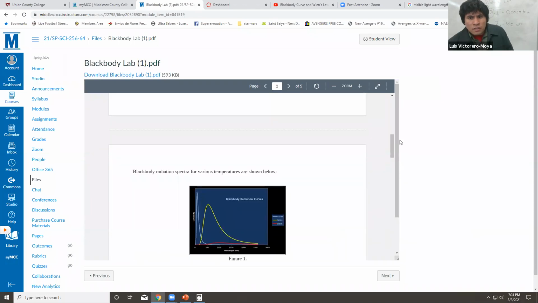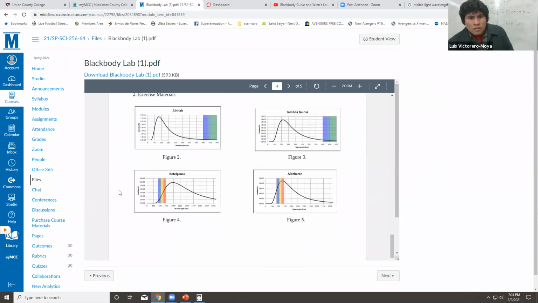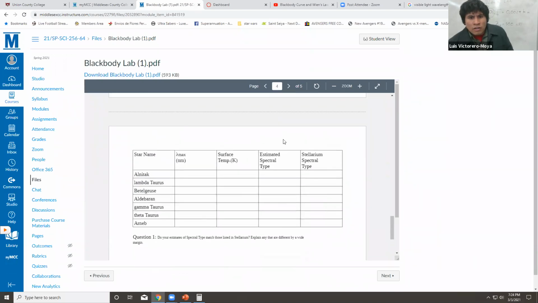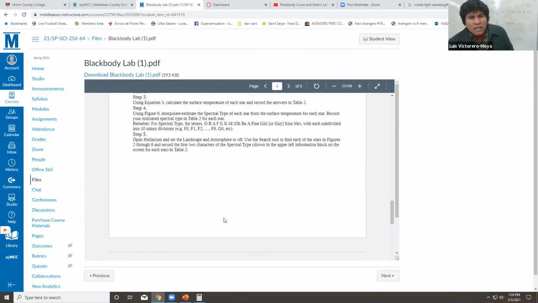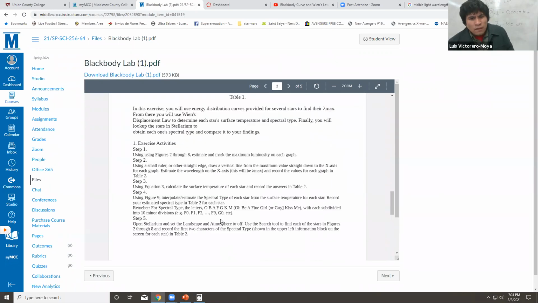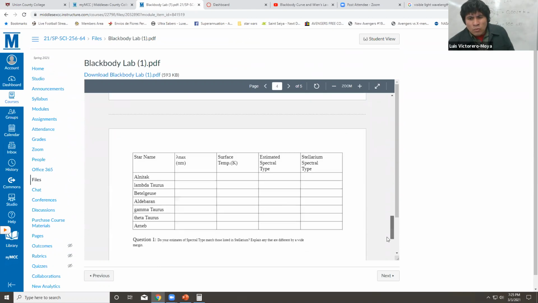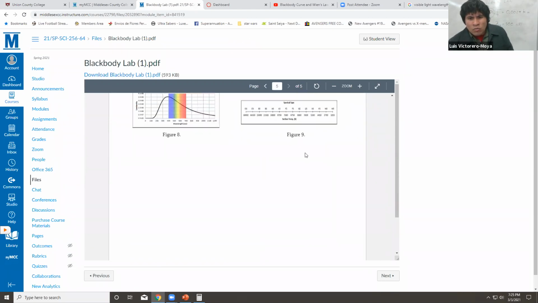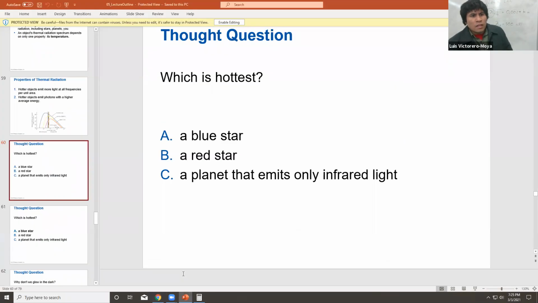We're going to be studying the spectra of different stars, and we're going to find their temperature. It's a very nice lab. You can probably finish it in one day. We'll see. But I will also give you an idea of the classification of stars, because depending on the color, we classify stars as well.